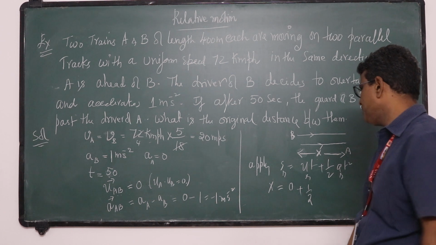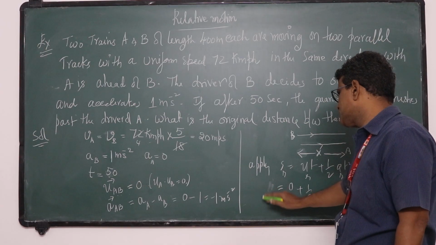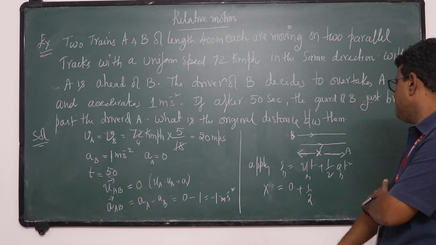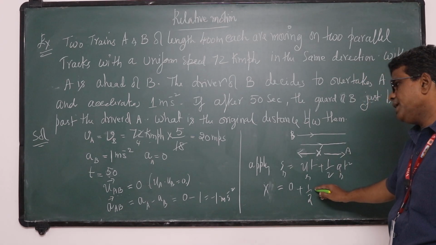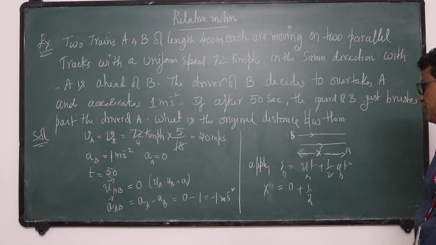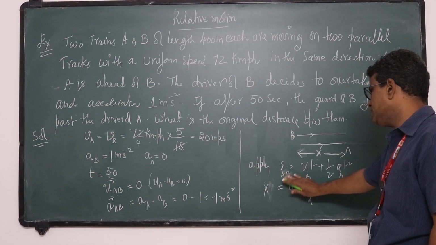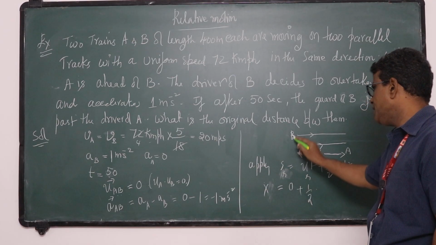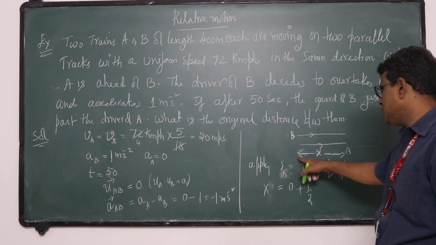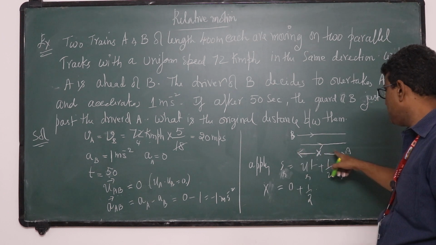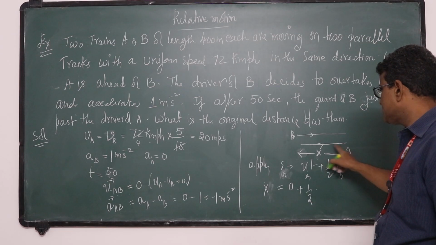This is the separation between A and B. If you choose B as the origin, the position of A is x and the position of B is 0, so x minus 0.